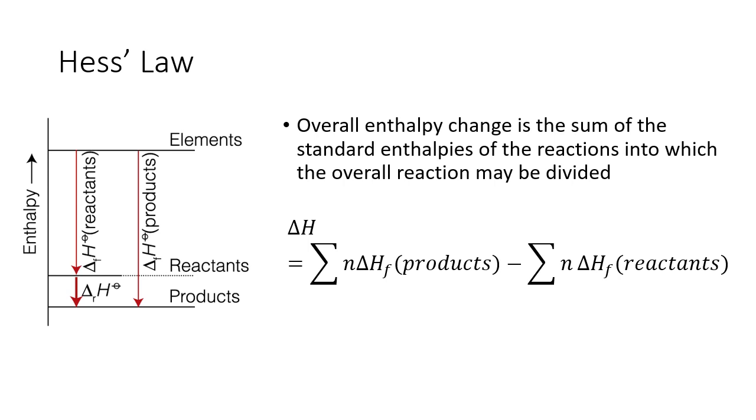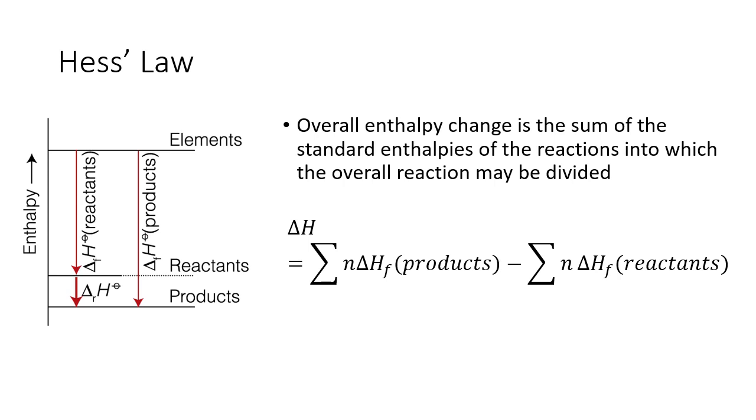Now, when we use heats of formation with Hess's law, you are making the chemical species from the elements. So all of the reactants, you have to flip the equation, the heat of formation.